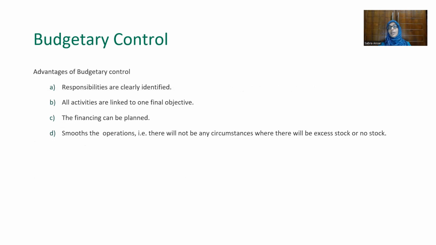So it will help all the departments to move on with their activities in order to achieve the objective. When there is a budget, there will also be no excess stock, or situation where there is no stock, because it's budgeted for, and the process works smoothly.